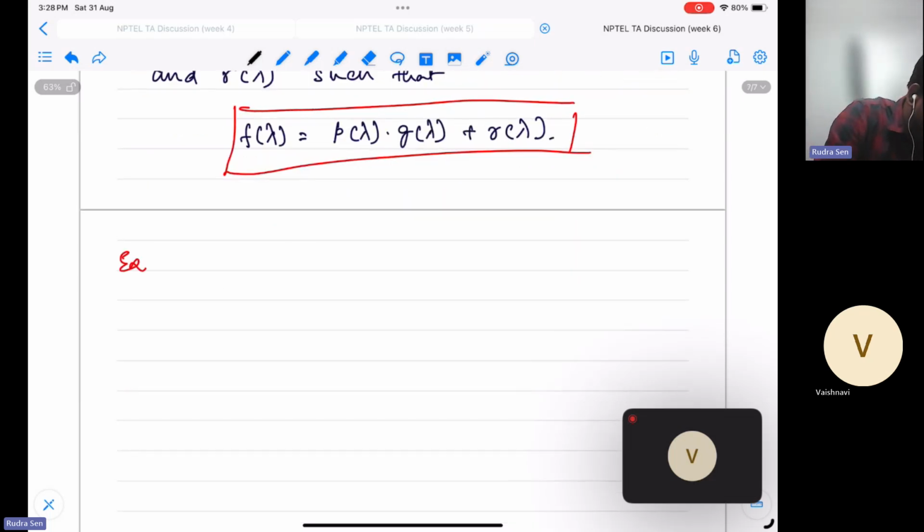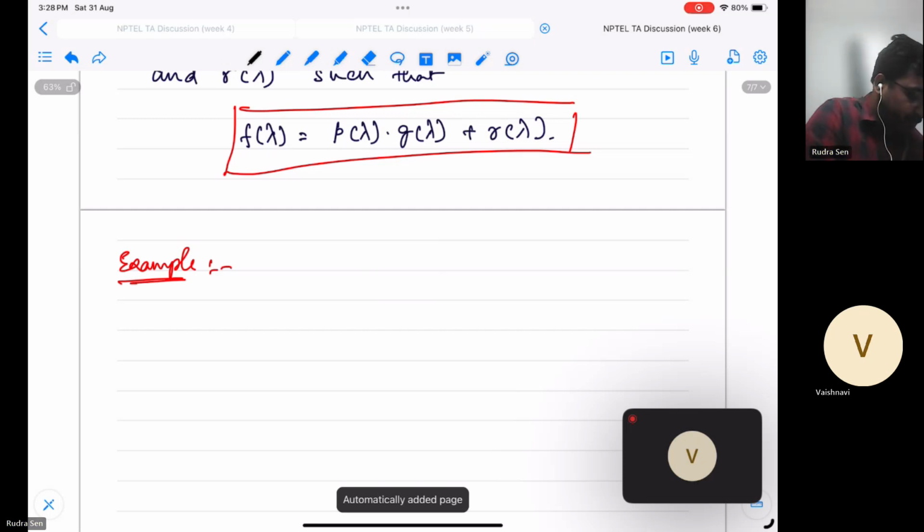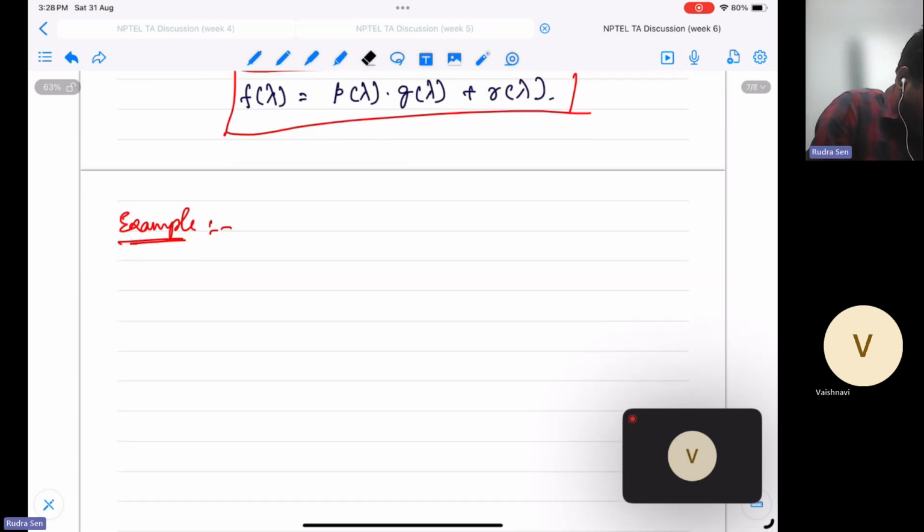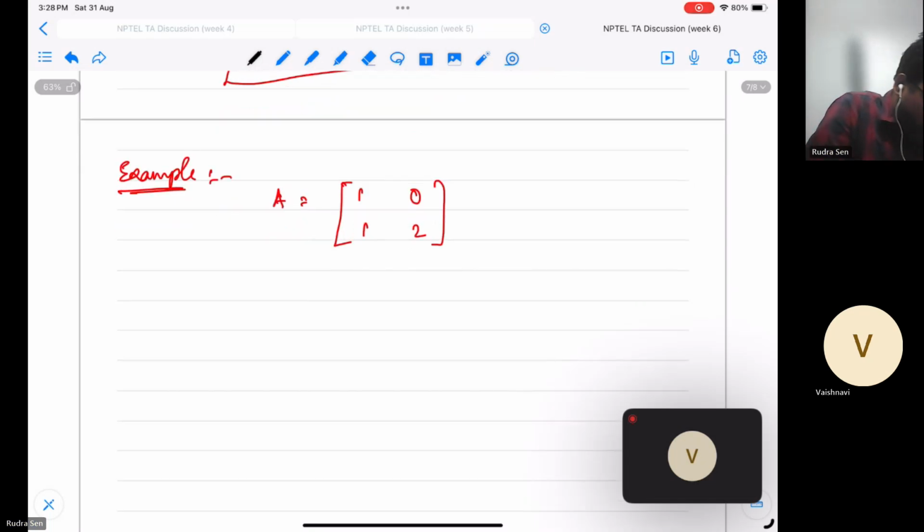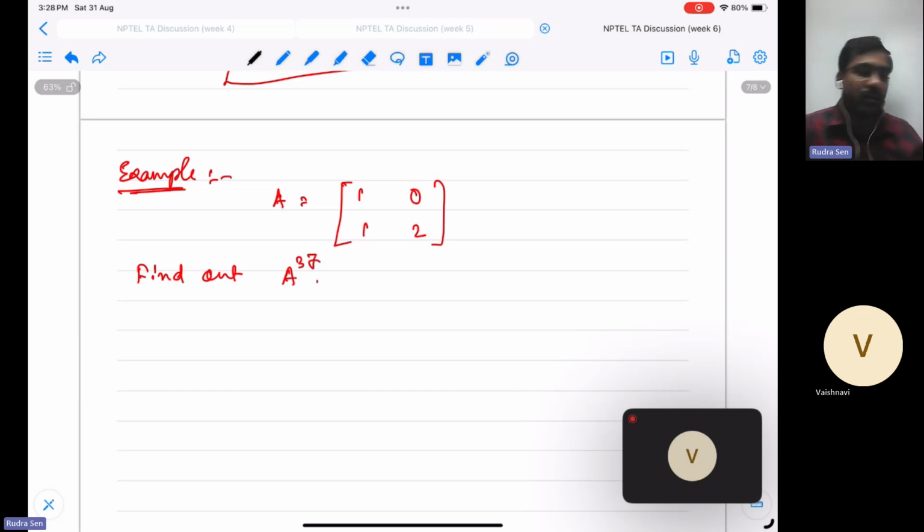So the next example is given. A is equal to 1 0 1 2. Find A to the power 37.